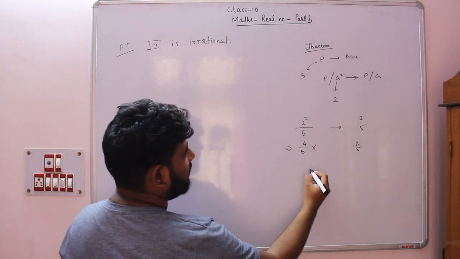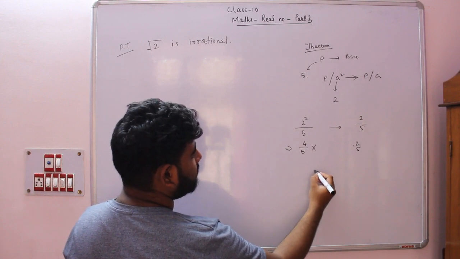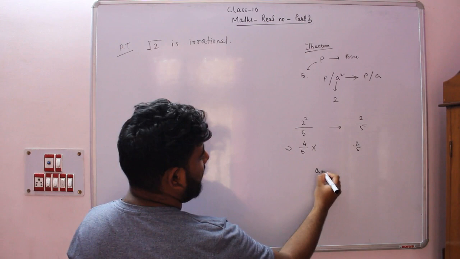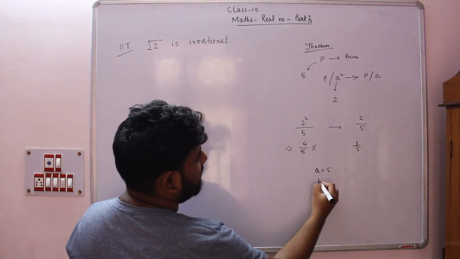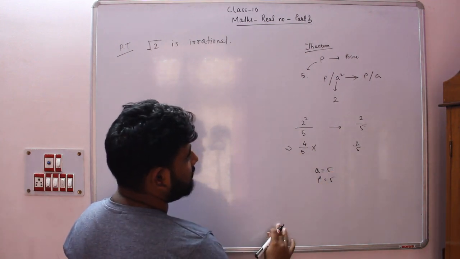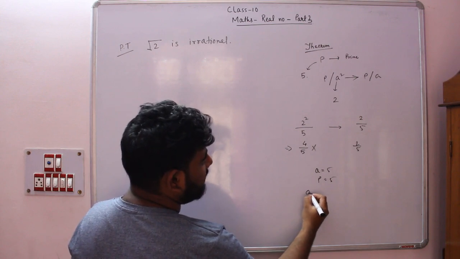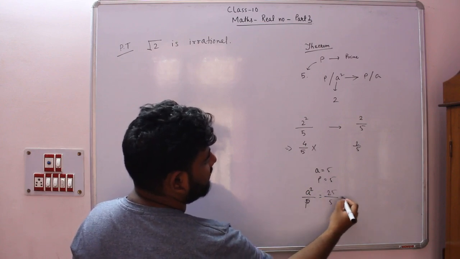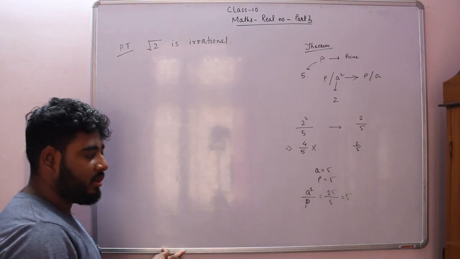Similarly, if you take a equals to 5 and our p is also equal to 5. So if a square is divided by p, that means a square divided by 5, 25 divided by 5. So the remainder is 0, that means it is going.